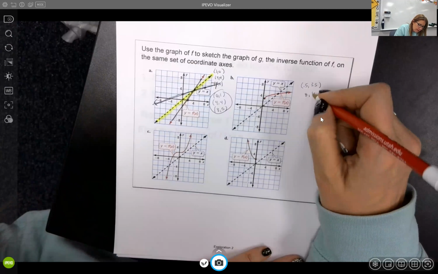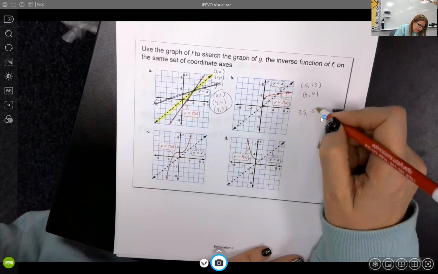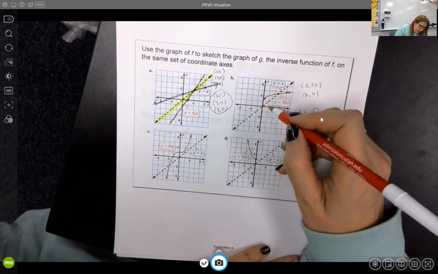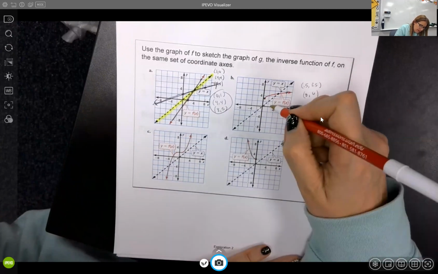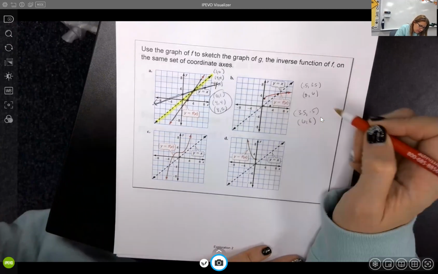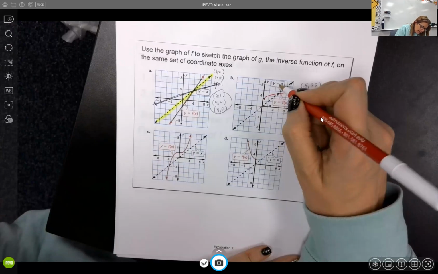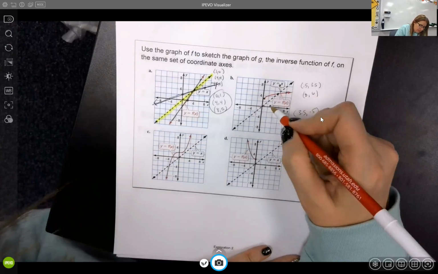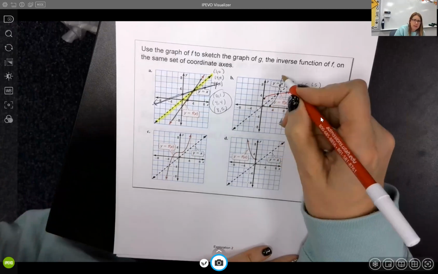Okay, so the inverse is going to be 3.5 and 0.5, and then 6 and 8. So I go over 3.5, so about right here, and then up a half, so it's barely right there, okay? And then this point that they shared, I'm going to keep that one, and then the 6, 8. So over 6, up 8. Now I notice this is the starting point of that graph. So the one that's reflected, I'm going to keep that as the starting point. And then this is going to go up and it's going to continue.